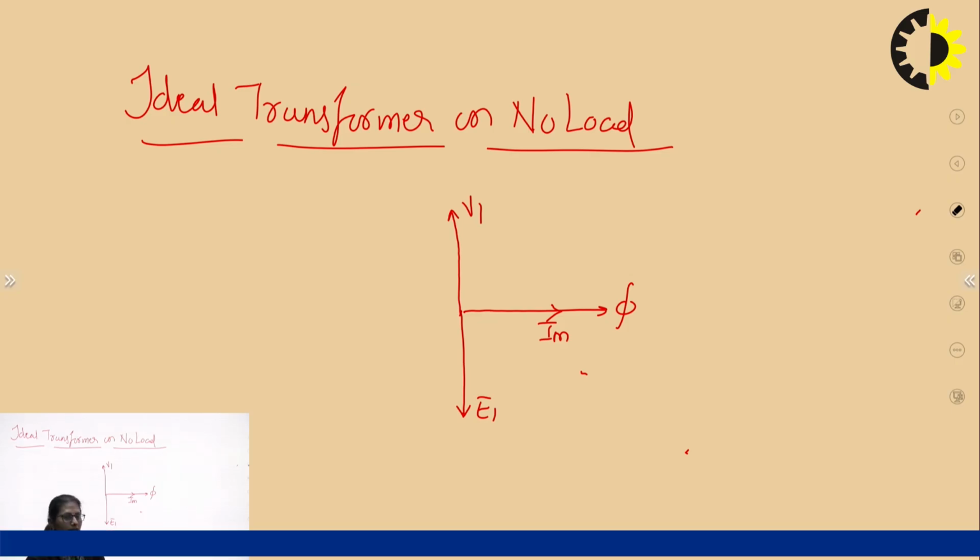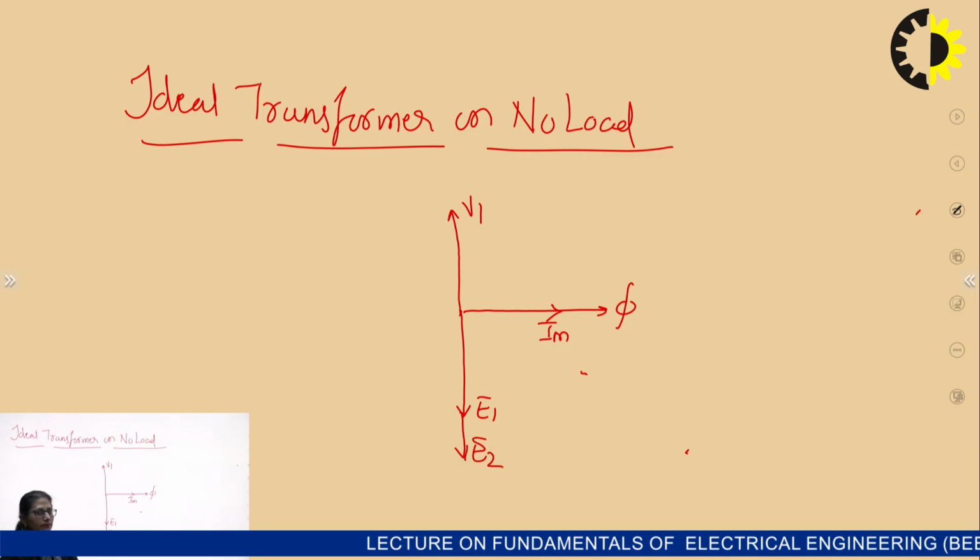But its magnitude depends upon whether the transformer is a step up or a step down transformer. Assuming the transformer we are working with is a step up transformer, we will have E2 greater than E1, but it will be in the same phase as E1.